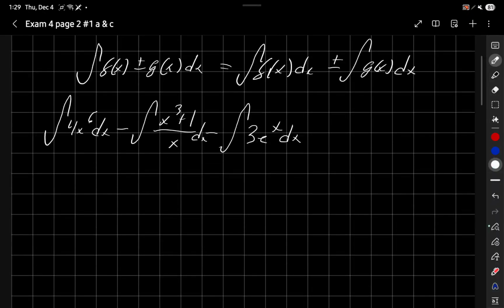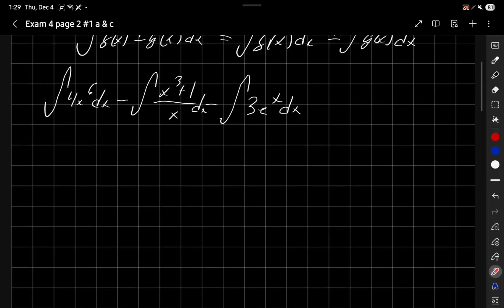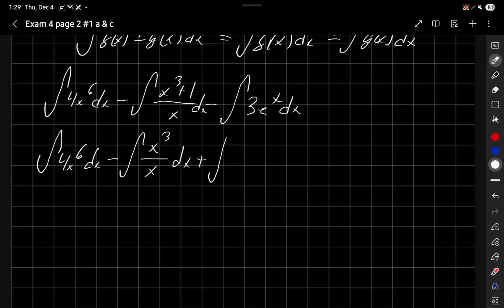Alright, now that we've got that, we're going to simplify this. We're just going to set it up as 2 fractions. That way it's a little bit easier to integrate. So the integral of x cubed over x plus the integral of minus 3 e to the x dx.